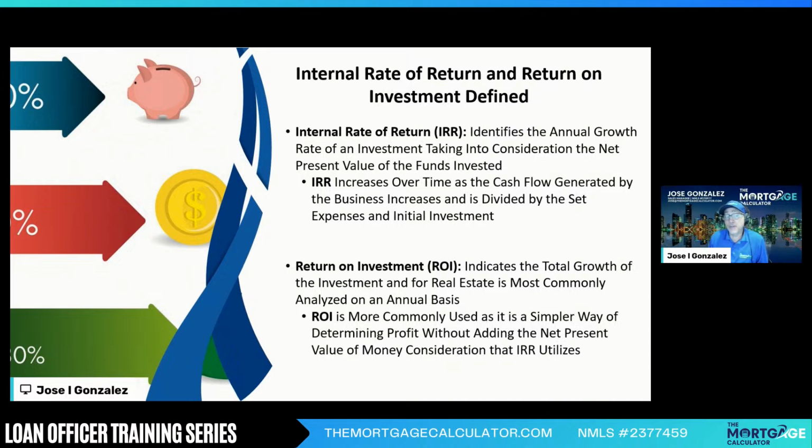And that's the other difference there, because as the business generates cash flow, that's the money left over after all your expenses and stuff other than mortgage. As it increases, then that amount is also put into the mix to determine your internal rate of return. And I'll explain that a little bit more in the slides to come.